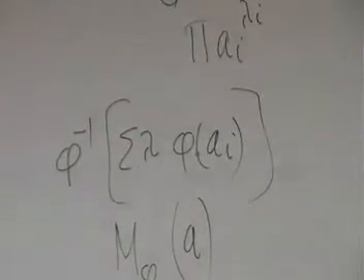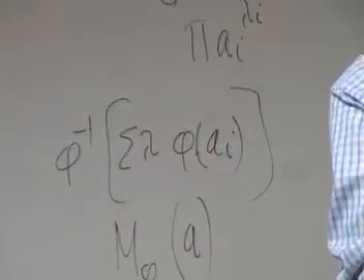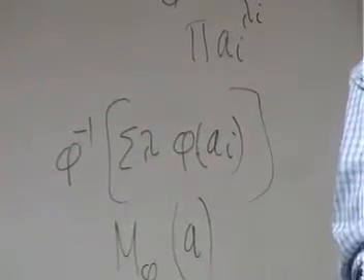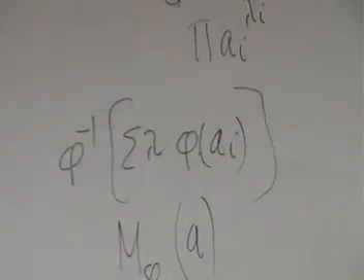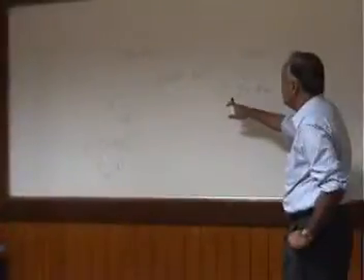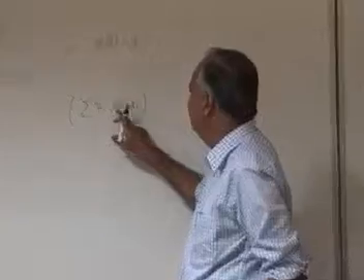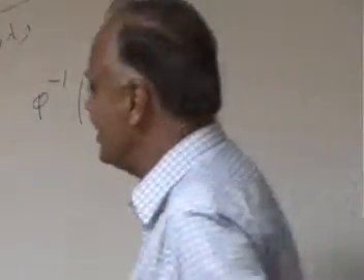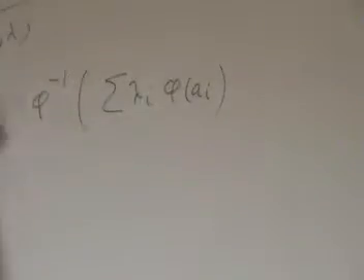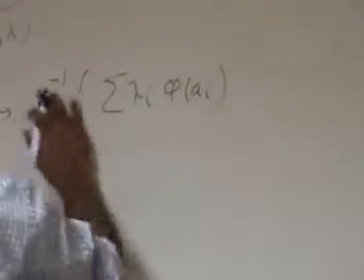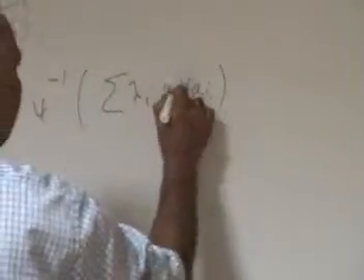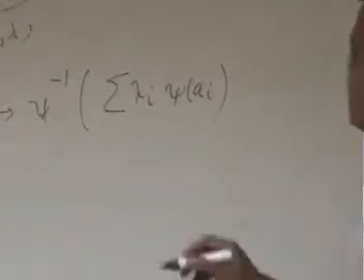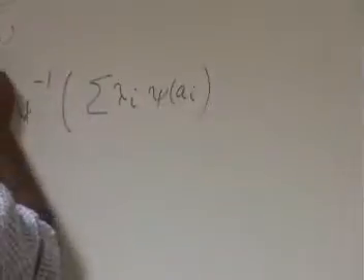Then it is simply psi inverse of the summation of lambda i psi ai. Because it's the identity function, its inverse is also the identity, so this is just the summation of lambda i ai. So this becomes m psi.